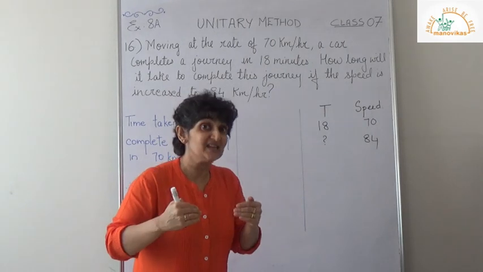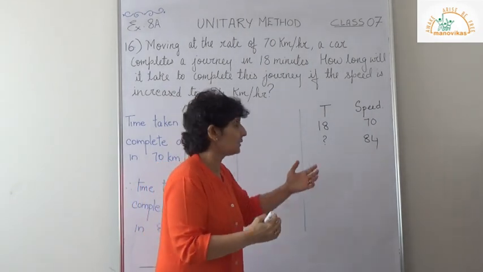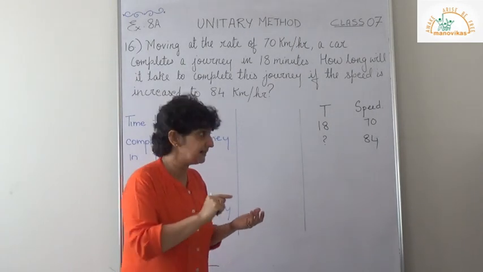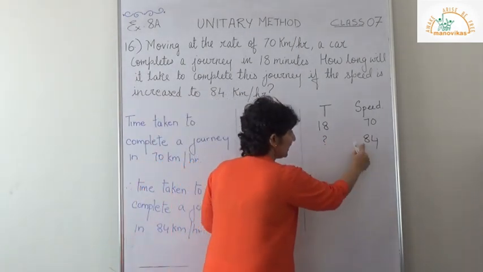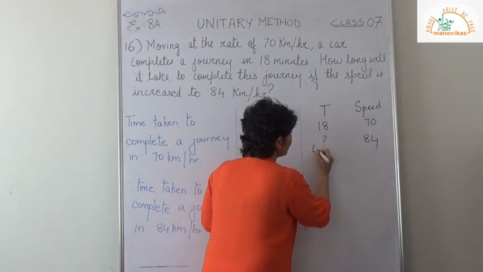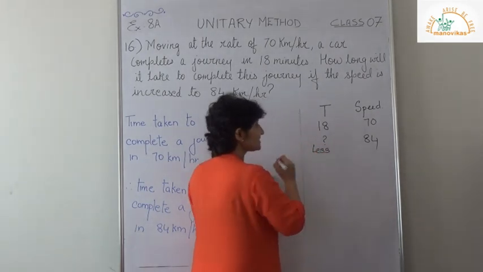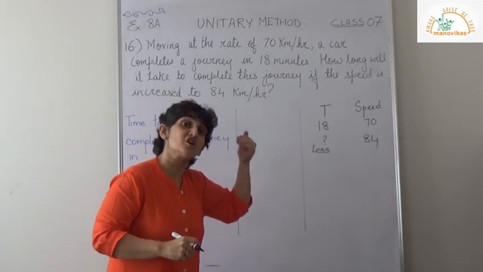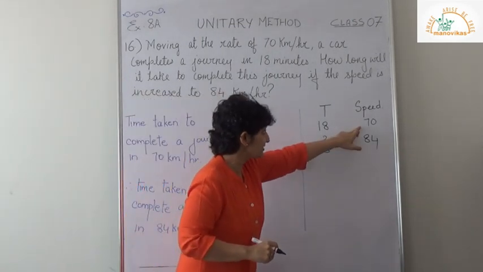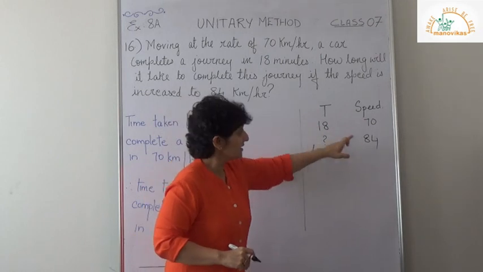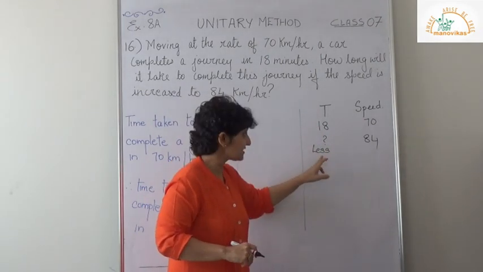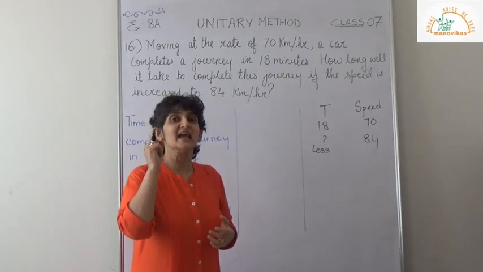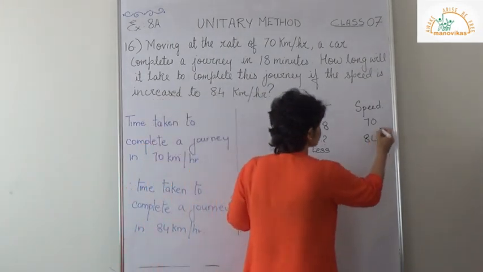But if your daddy speeds and goes a little faster, you will reach home early, right? So, if the speed is increased, then you will take less time to reach. You will reach faster. So, 70, it is 18. This has increased. Now, this is decreasing. Again, this is inverse proportion.